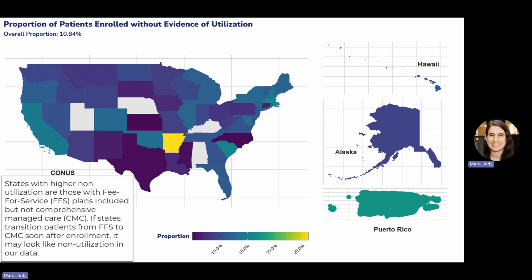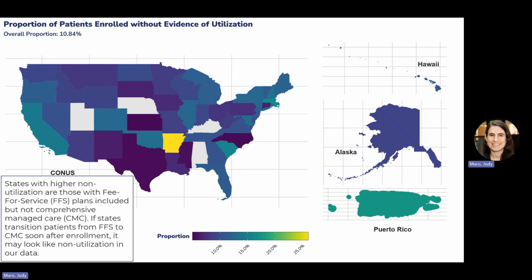But it's important to note here that we do include, because we look at the different payer types, fee-for-service plans and comprehensive managed care plans in this data set, we have some states where we have higher non-utilization when they only have fee-for-service plans included, but they do not have comprehensive managed care plans included.